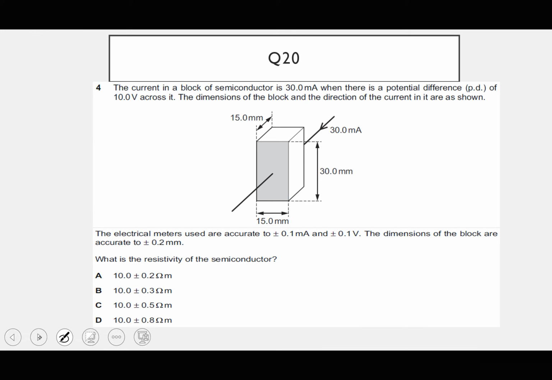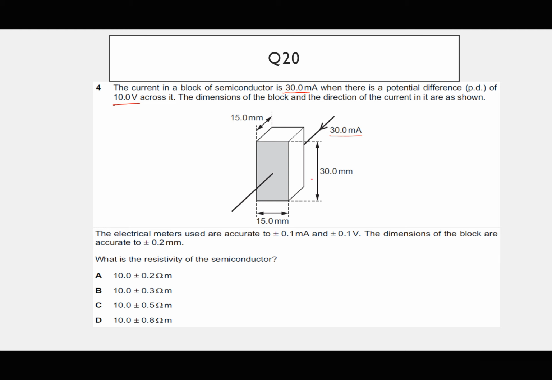The current in a block of a semiconductor is 30.0 milliamperes when there is a potential difference of 10.0 volts across it. The dimensions of the block and the direction of the current in it are shown. We can see the current, the dimensions, maybe one can be length, width, and so on.